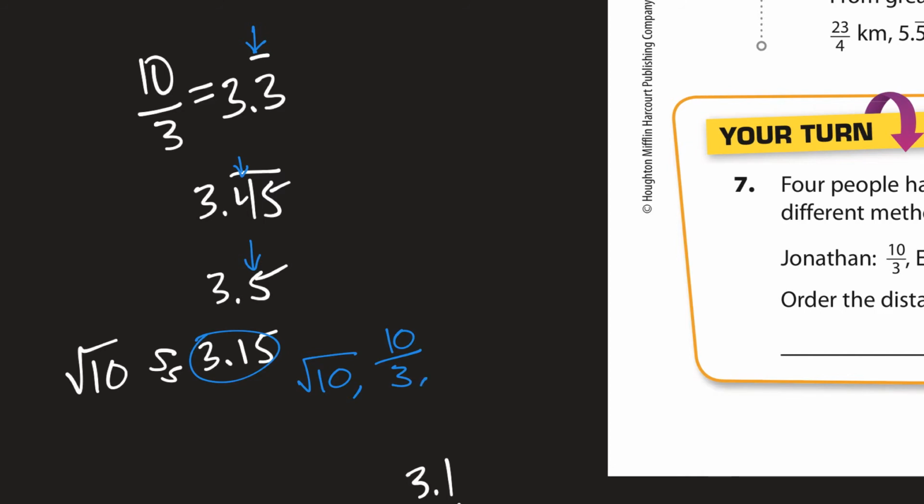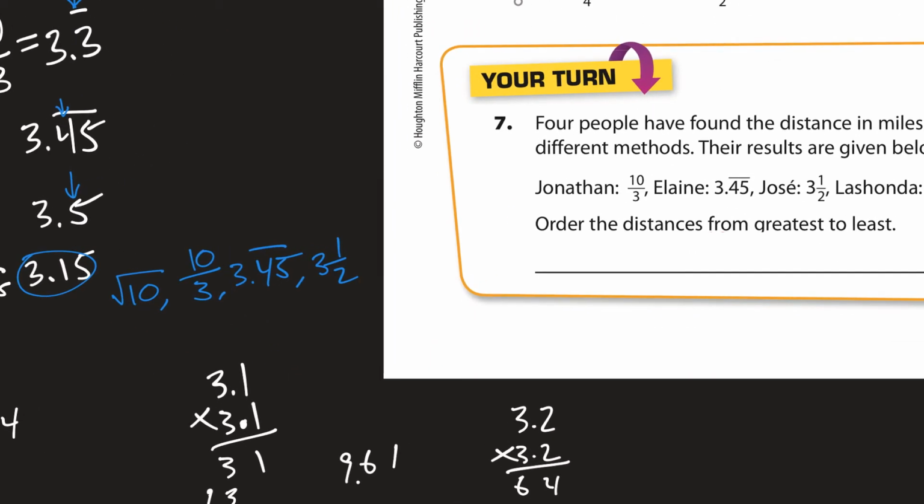And then 3.45 repeating, and then 3.5. Let's see how I did. Oh, it says from greatest to least. I did the wrong one. Okay, fine, then I just have to do my order in reverse. That, then that, then that, then that. Okay, and that's what it is.